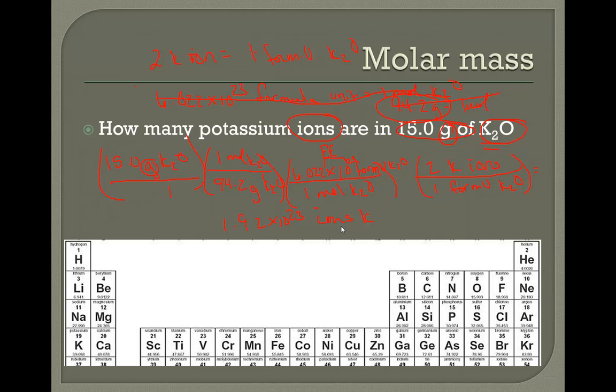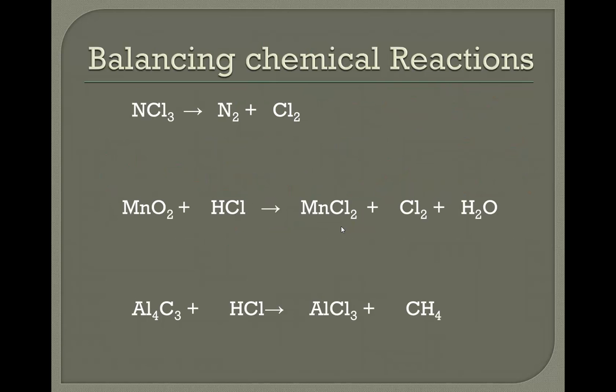Alright, so balancing. How I like to do it when I'm beginning is I want to look at all the elements I have. So I have N and I have Cl. I have 1 on the left, 2 on the right, 3 on the left, and 2 on the right. So we take it from the beginning. We have 1 and 2. In order to get this one to equal 2, you have to multiply it out in the front as if you were doing it in algebra.